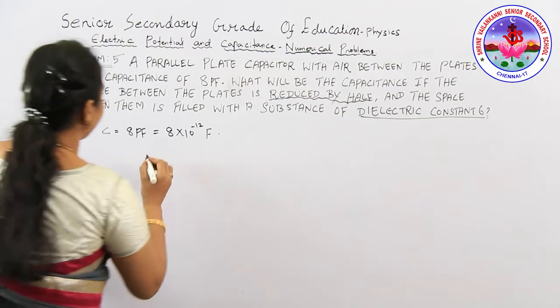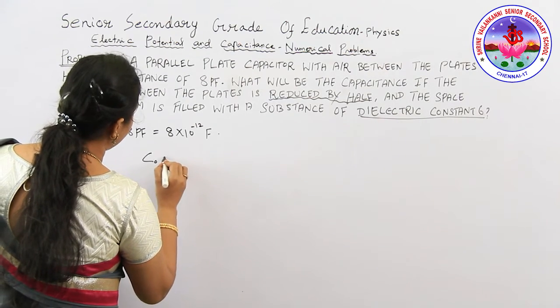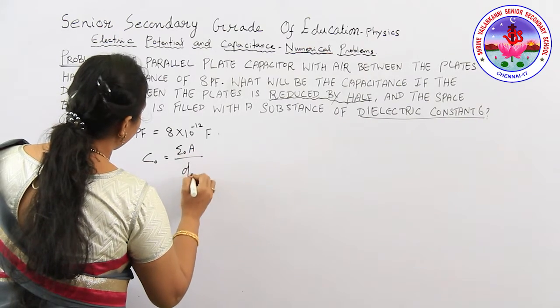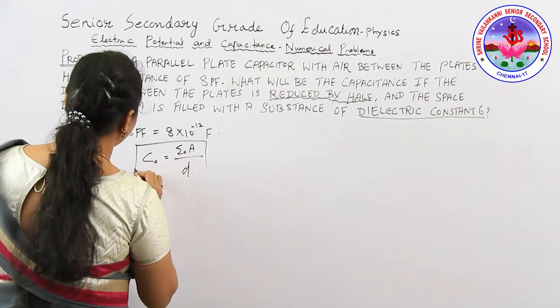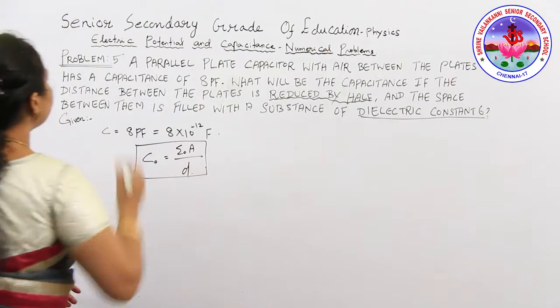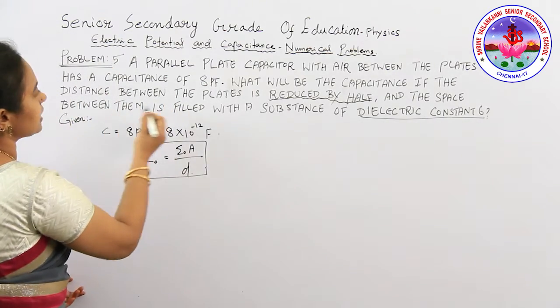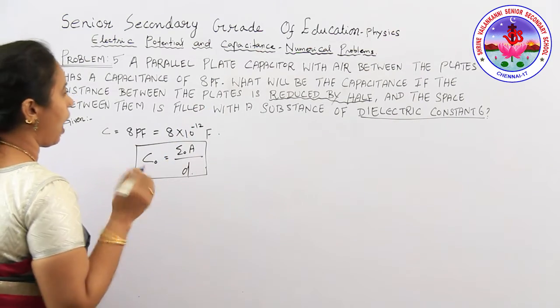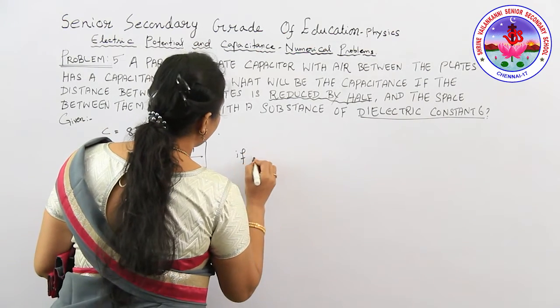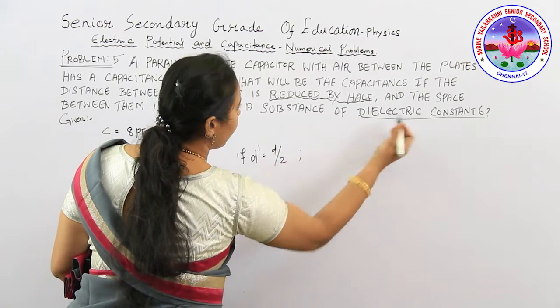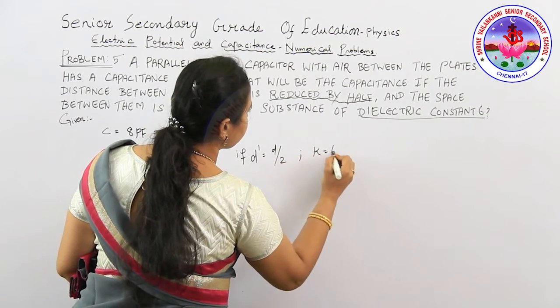As we know very well, the formula is C naught equal to epsilon naught A by D. Now, they have given a clue in the question: the distance between the plates is reduced by half. So suppose we take the new D dash equal to D by 2, and the dielectric constant K equal to 6.